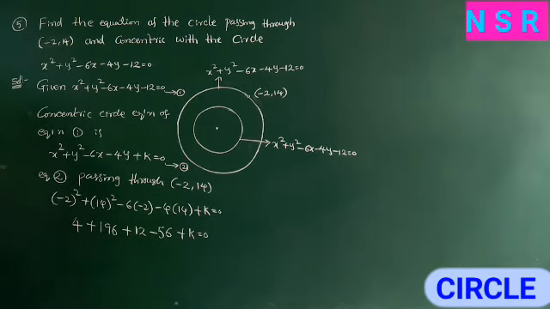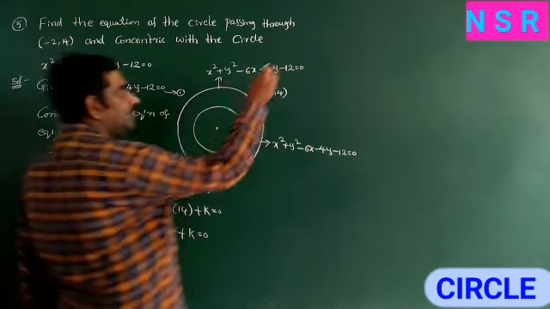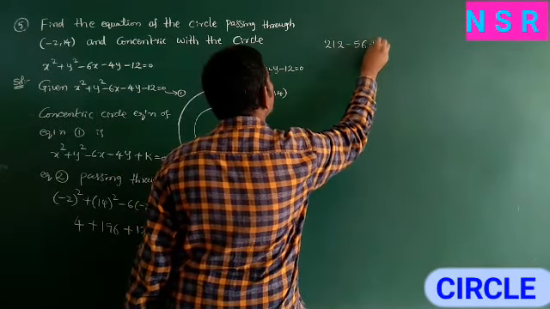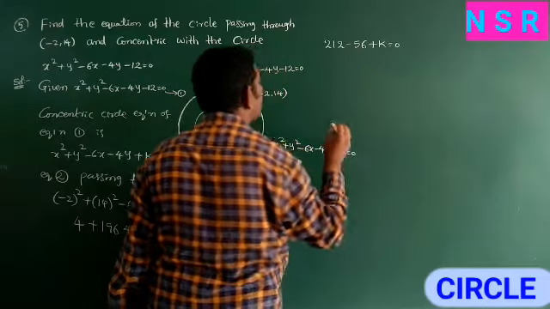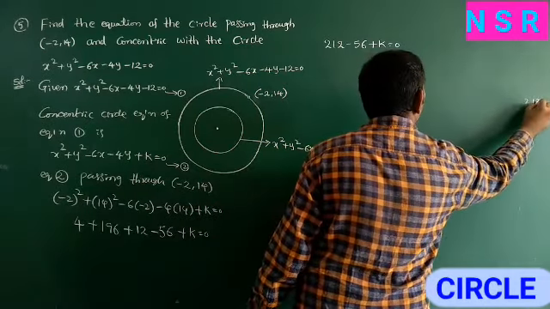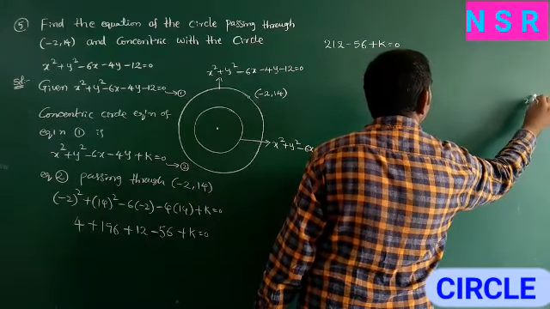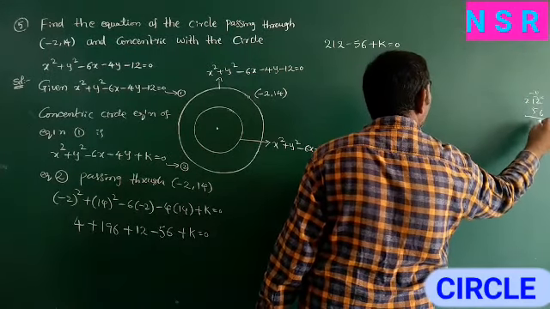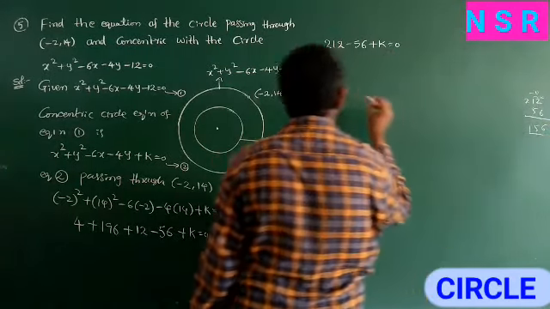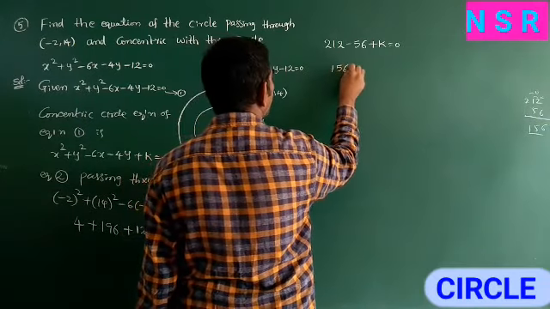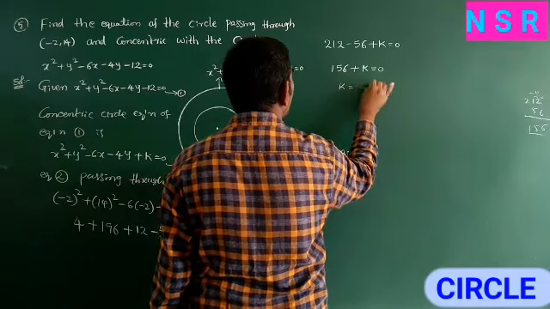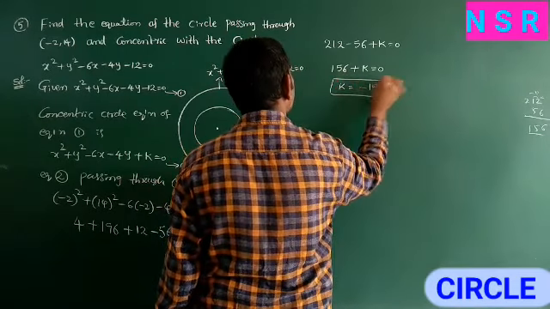So 212 minus 56, plus k equal to 0. Now subtract: 212 minus 56 is 156. So 156 plus k equal to 0. Now k equal to minus 156.